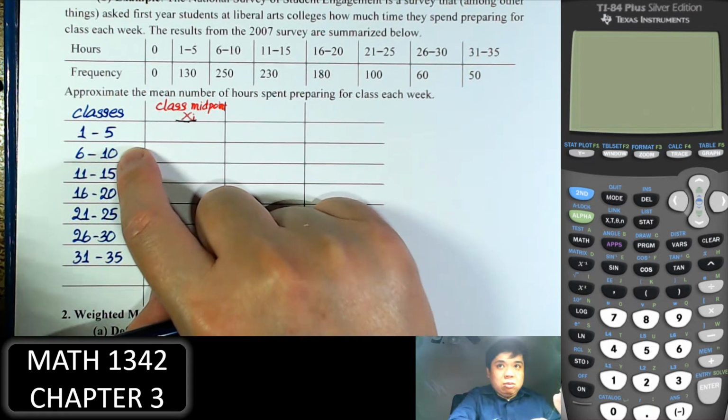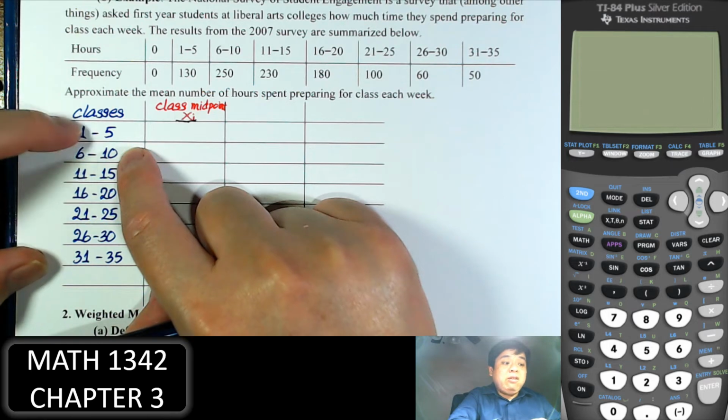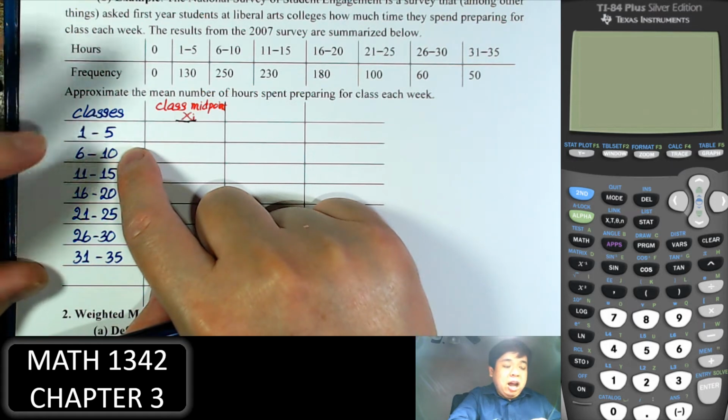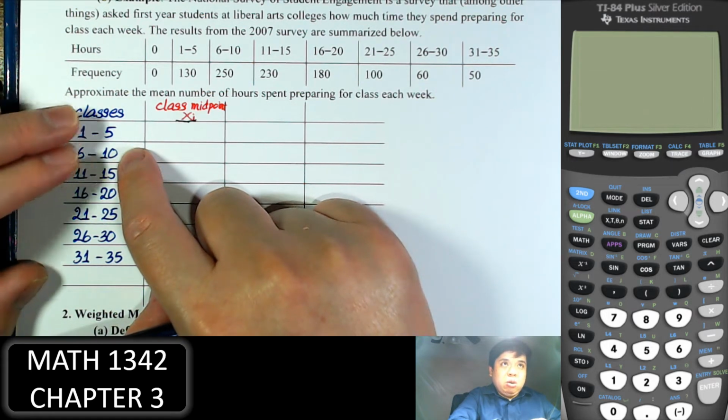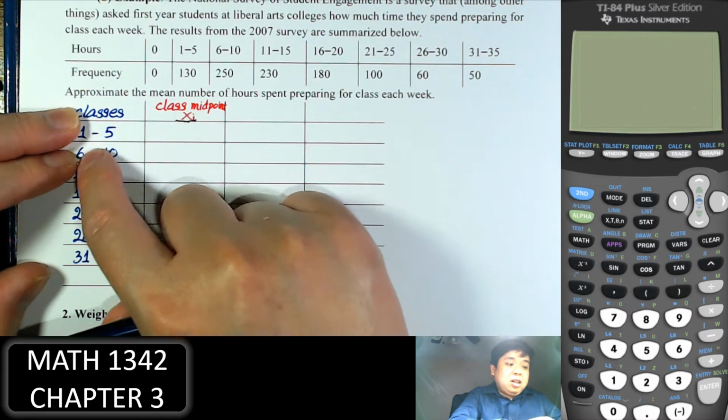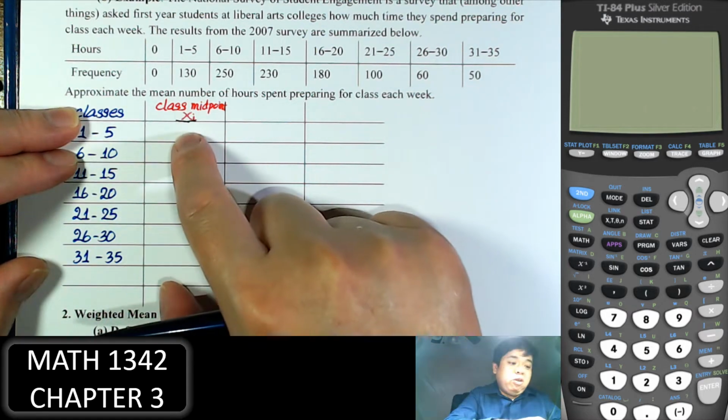With that assumption, we can take the average of the consecutive lower class limits, 6 plus 1 divided by 2, so that's 3.5.